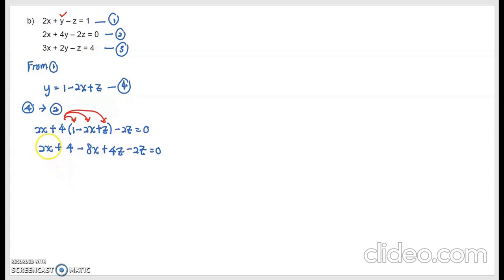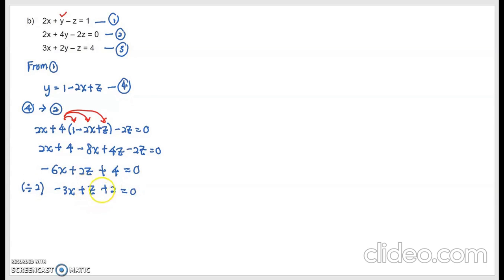So from here, we try to simplify. 2x minus 8x is negative 6x. 4z minus 2z is plus 2z, plus 4 is equal to 0. Here is a multiple of 2. We can try to simplify by dividing by 2. So here I should have negative 3x plus z plus 2 is equal to 0.